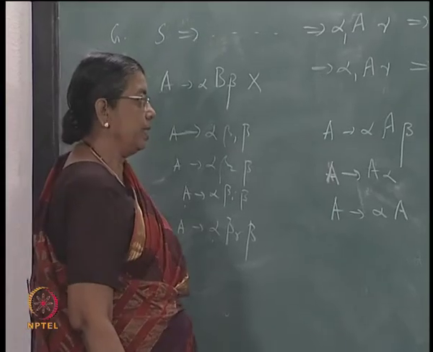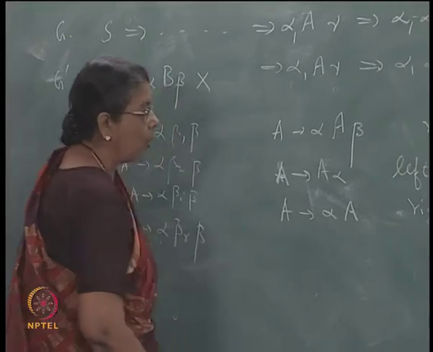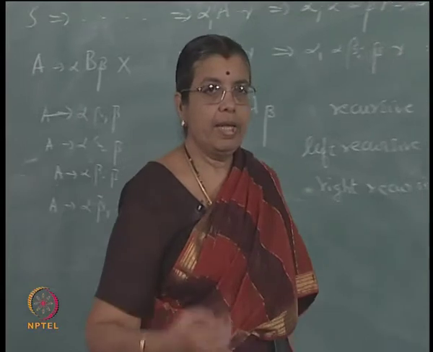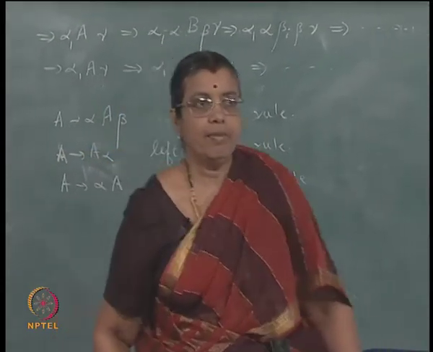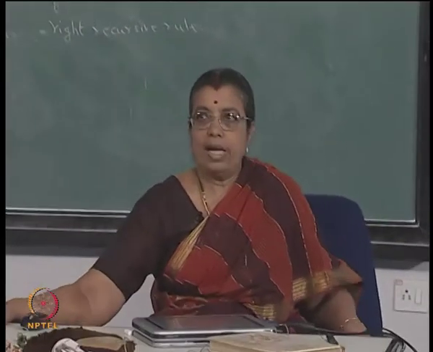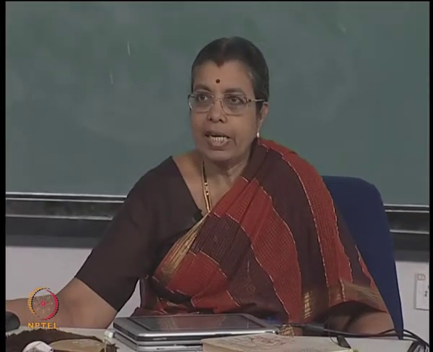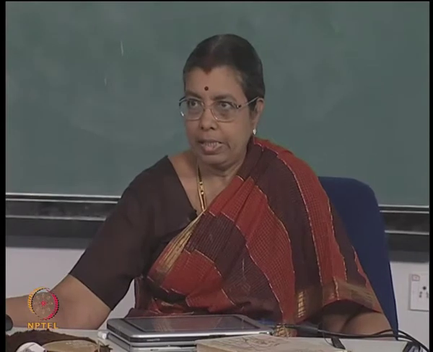In many cases, you may want to avoid left recursion. When we learn about parsing, we will see that sometimes we will want to avoid left recursion. But when you avoid left recursion, you will be introducing right recursion. But that is okay. So, that is what we are going to do here.